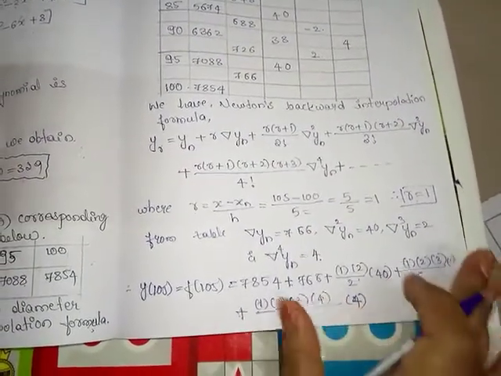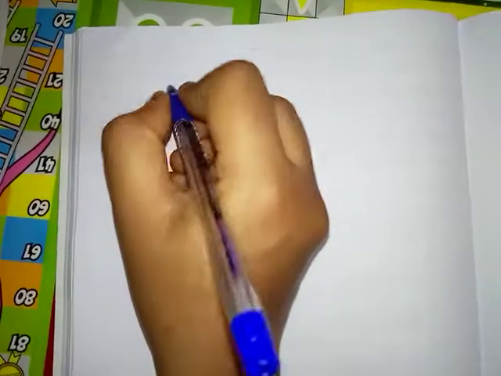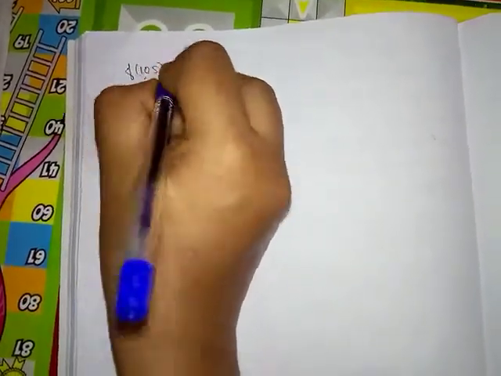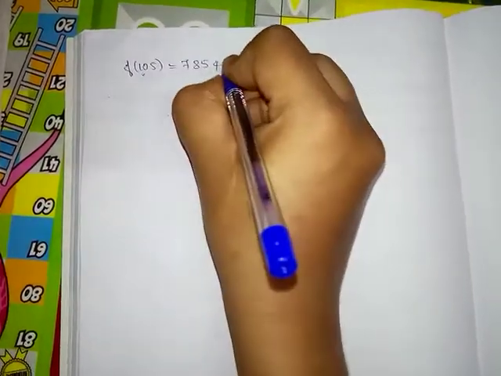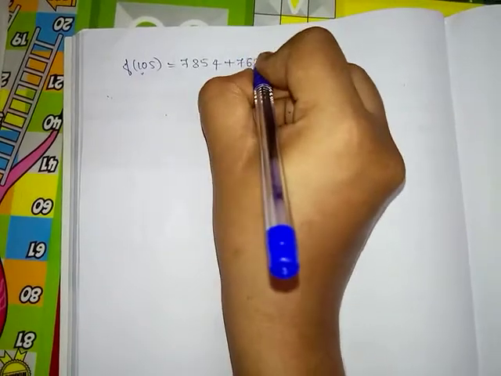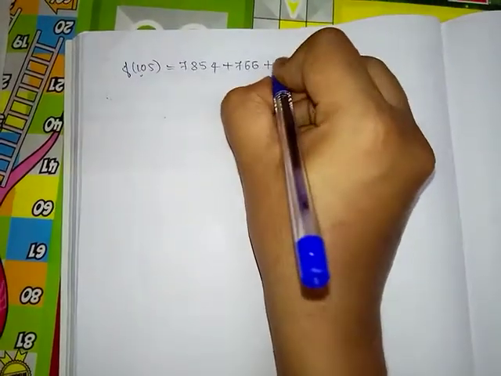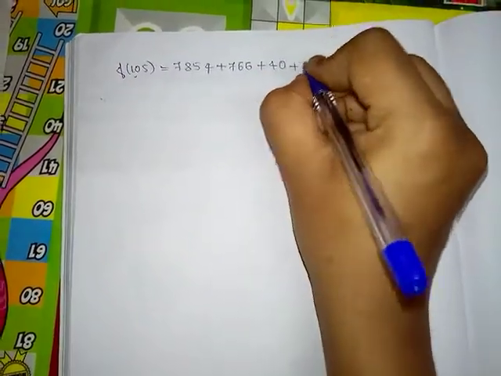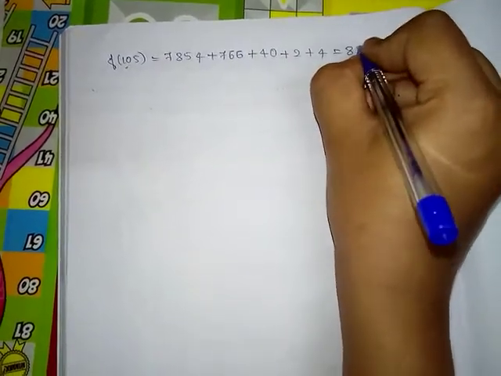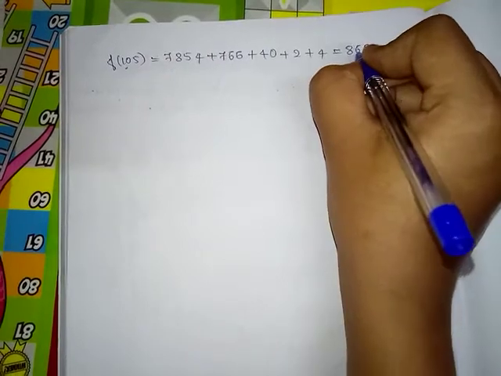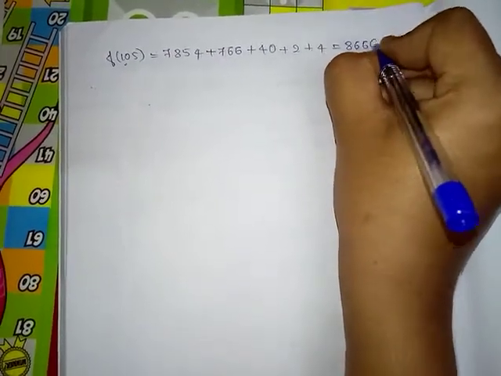Calculate these terms. We get f of 105 is equal to 7854 plus 766 plus 40 plus 2 plus 4 is equal to 8666.